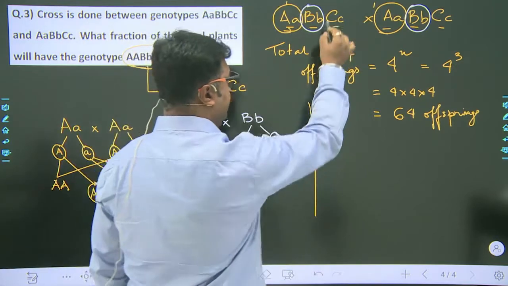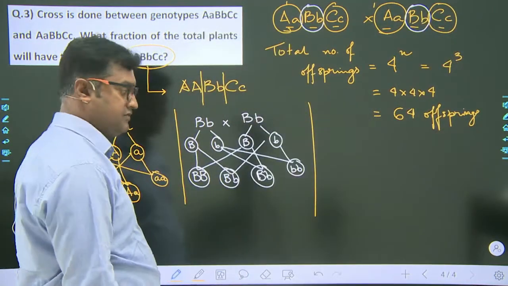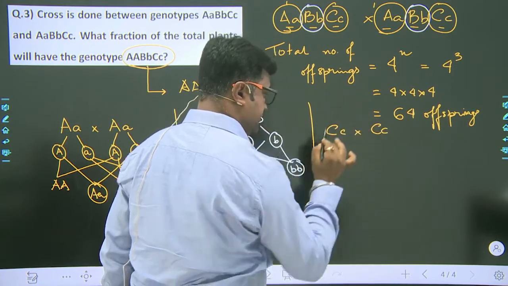Now, the third one will be again capital C small c with capital C small c. So, capital C small c into capital C small c.